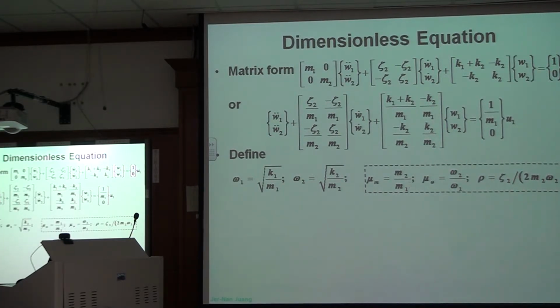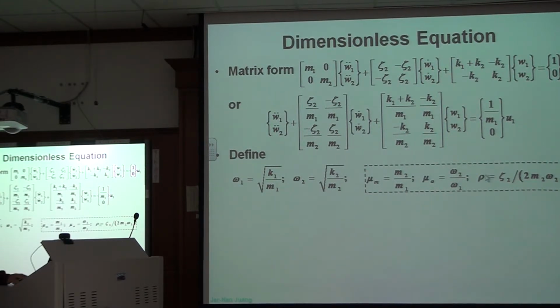The reason I do this is to reduce the number of design parameters. I can look at only mu m, mu omega, and zeta 2 as my design parameters.